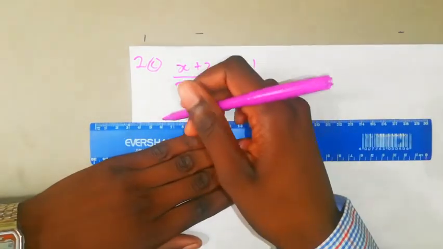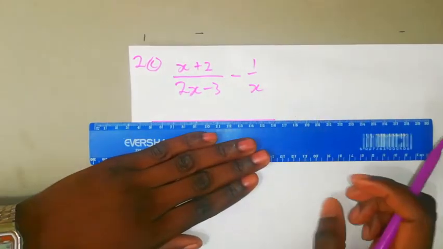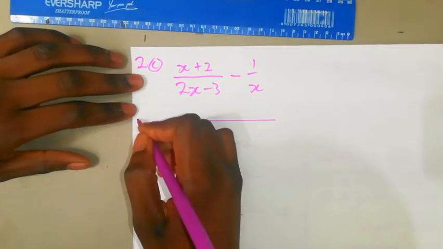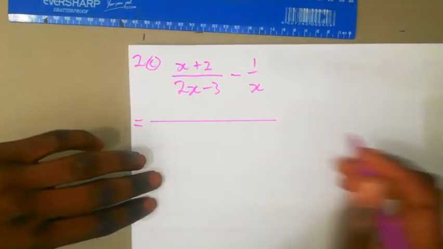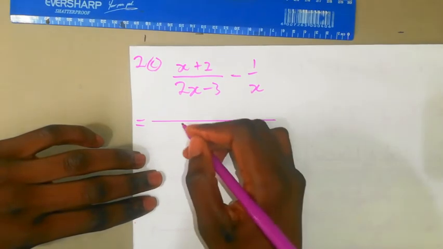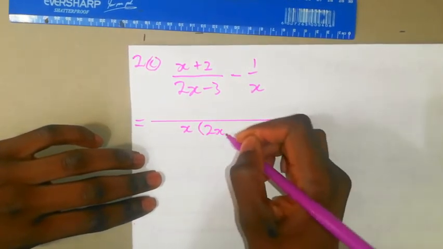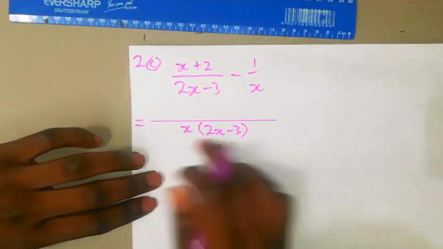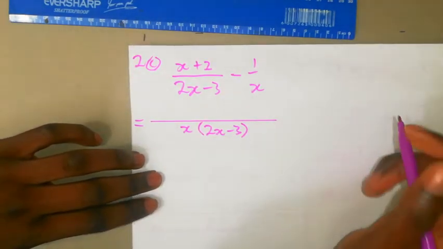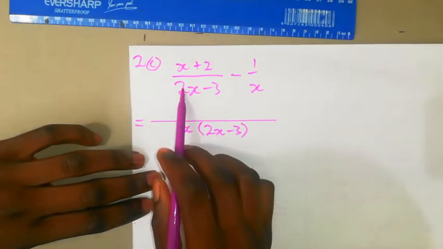Common denominator. Never forget to insert a common denominator as long as the question requires you to express. So my common denominator here is x, then 2x minus 3. That's how your common denominator is going to be structured. I'm now dividing this one into that one.